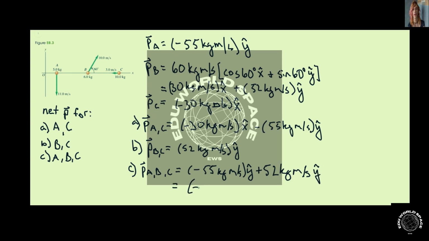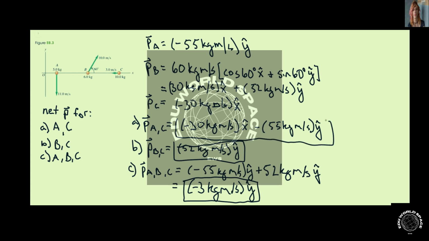And so then this works out to be negative 3 kilogram meters per second in the y direction. So these are the things we were hoping to find, and indeed we have found them. There you go.